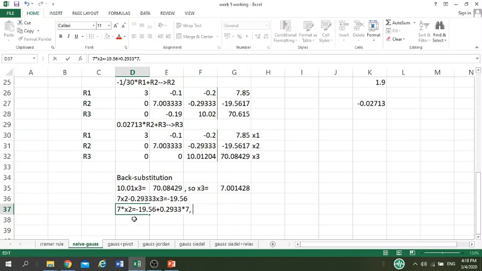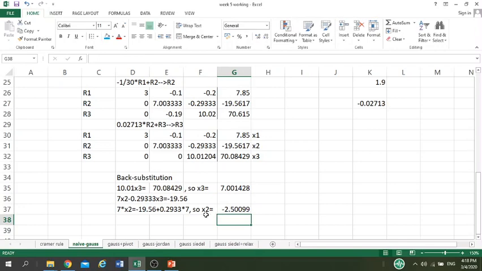So our x2 becomes minus 19.56 plus 0.2933 times 7, divided by 7. So we get x2 more or less negative 2.5.